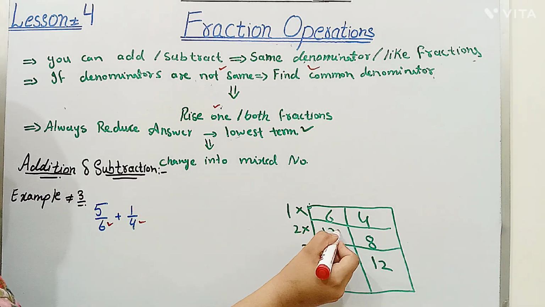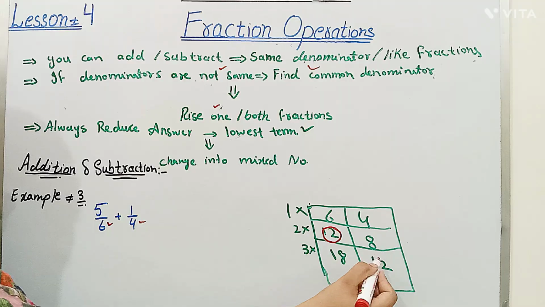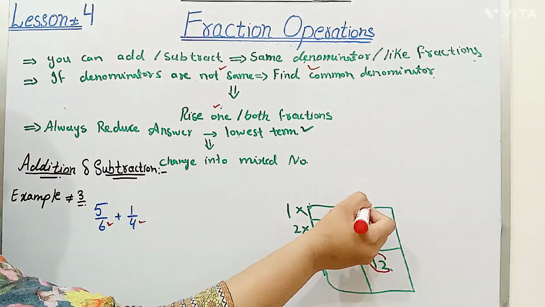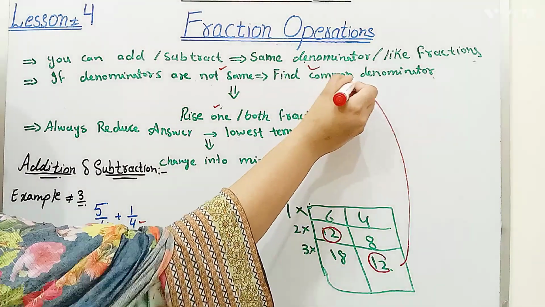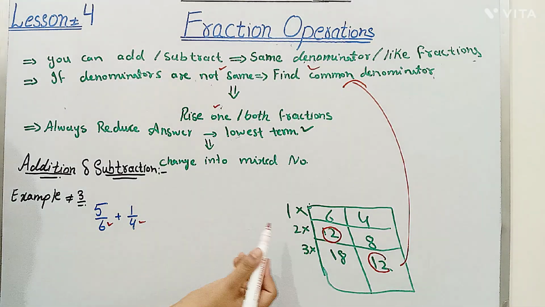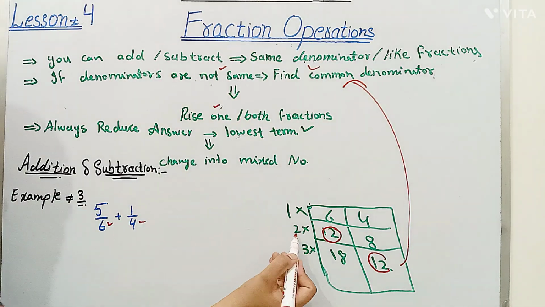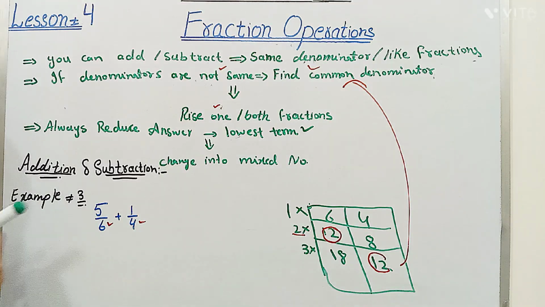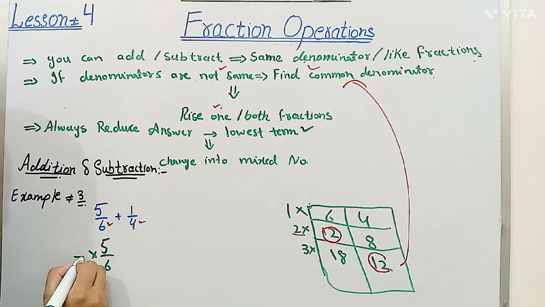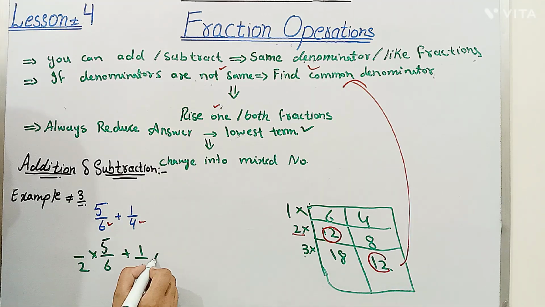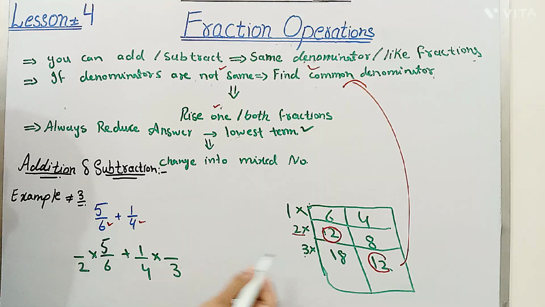We find the same common denominator. When we multiply 6 by 2, we get 12. When we multiply 4 by 3, we get 12.